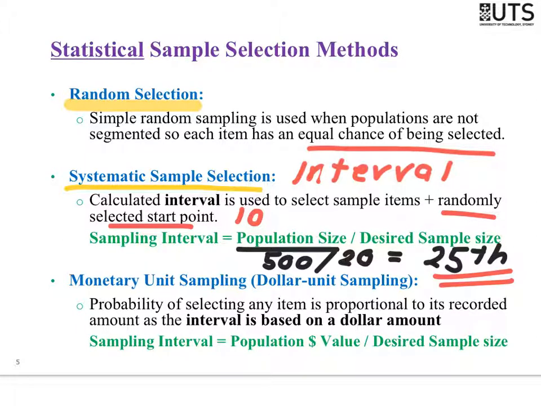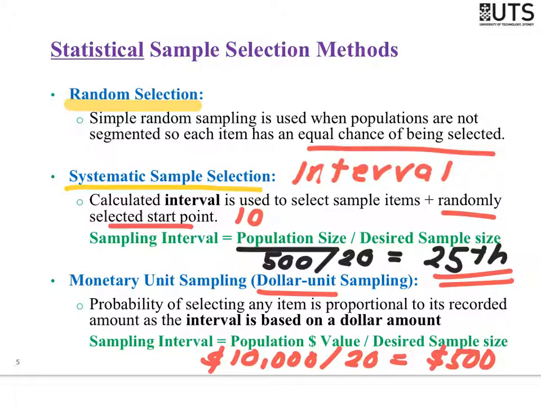Take that same concept and apply it to the next one. It's exactly the same thing, but in this case, you're not focusing on the number of items, you're focusing on the dollar amount. So instead of saying that there are 500 sales invoices, you say that the sales invoices are a total of $10,000, for example. You then divide that by the 20 sample size that you wanted, and the result of that is $500.